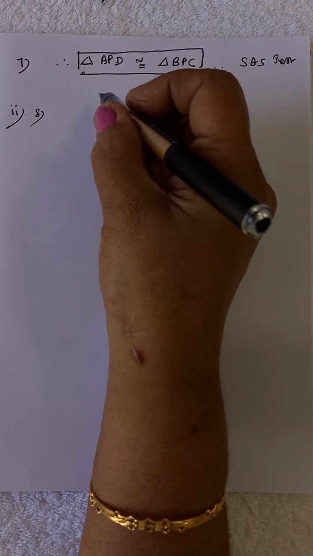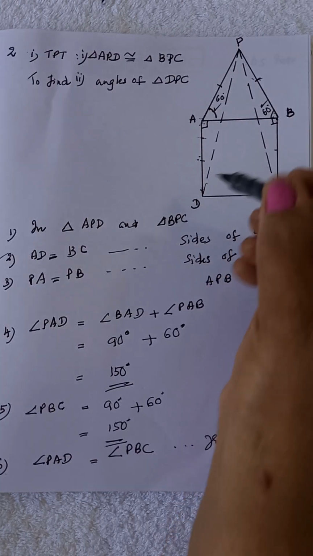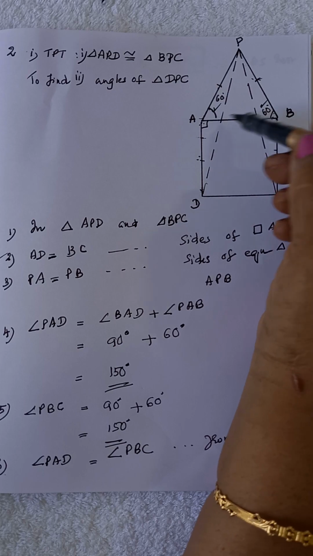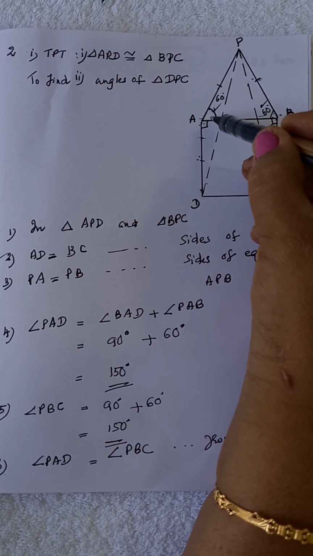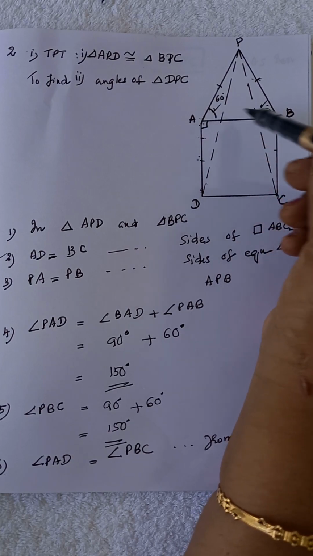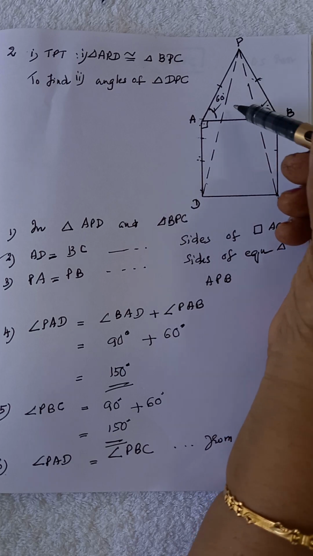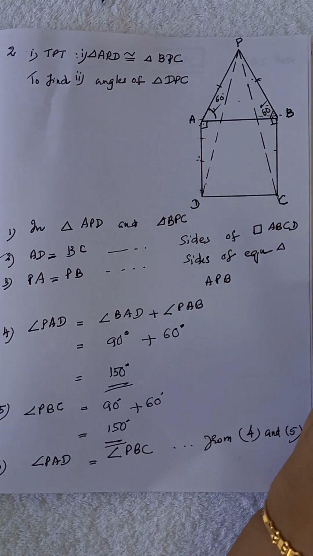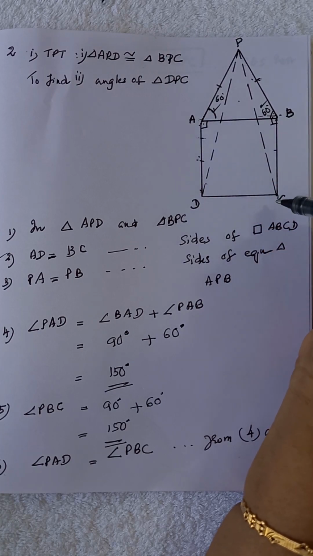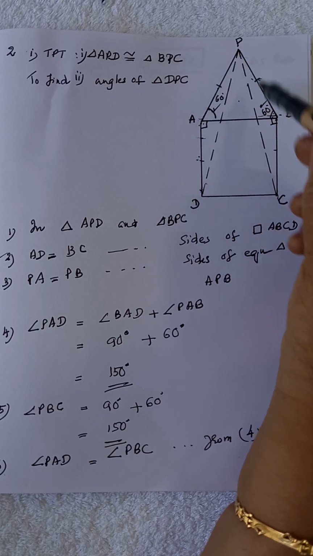Here we have to find out the angles of triangle DPC. Here we can see that one side of equilateral triangle is AB. That is also a side of this square ABCD. That is, the side AB is common to both equilateral triangle and square. So we can say that AB is equal to BC is equal to CD is equal to DA is equal to AP is equal to PB.